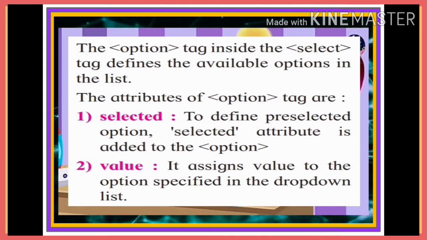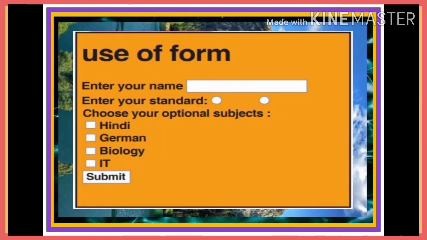Also, we have discussed the option tag and its attributes: selected, value, and also we have seen some examples of form elements. The figure shows the form controls: text box, radio button, checkbox and submit button.